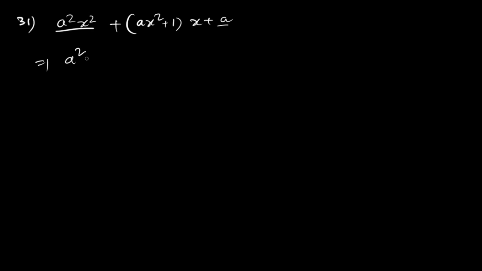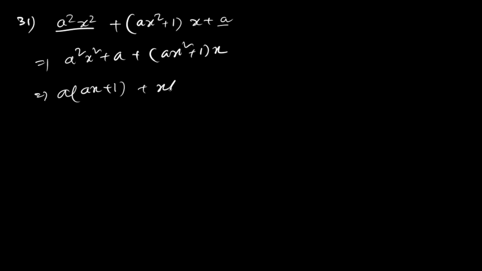So a square x square plus a plus ax square plus 1 times x, and I can take a common, ax plus 1, and already there is x outside, so x square plus 1. So in this question, sorry, ax square plus 1 times a plus x. That's the 31st one.